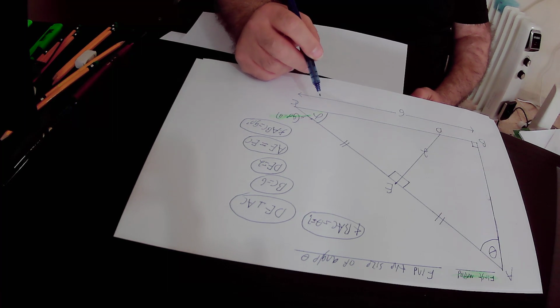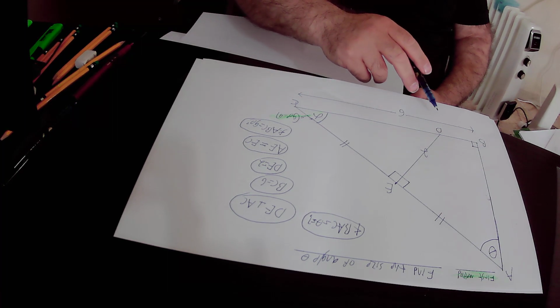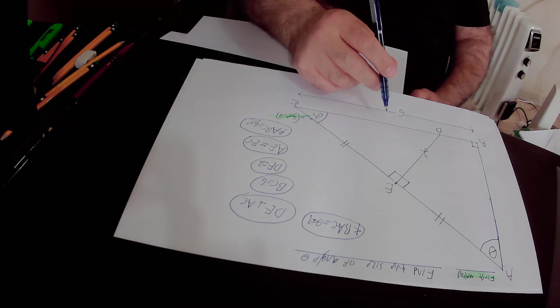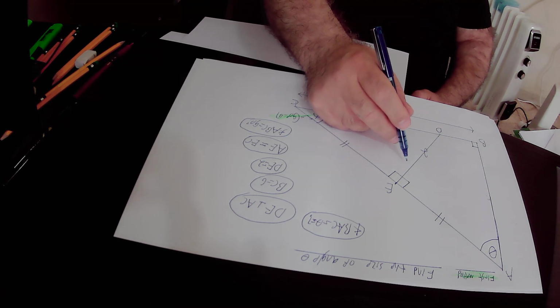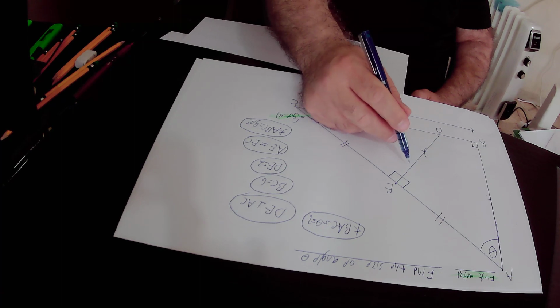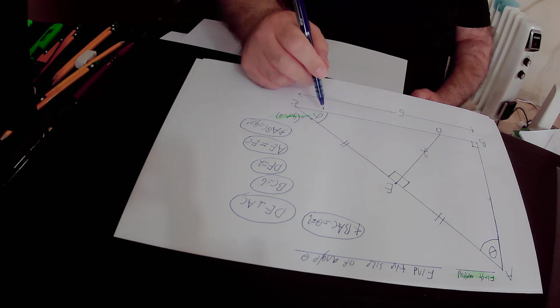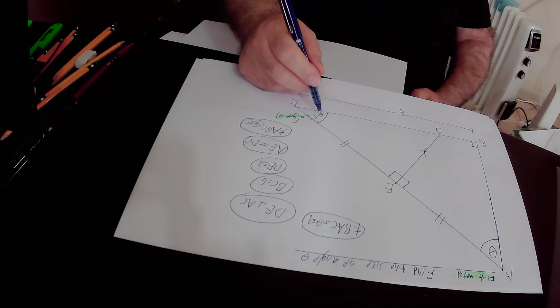Actually, if we focus on the right triangle, triangle DEC, then this angle DEC will be equal to 90 degrees minus alpha.